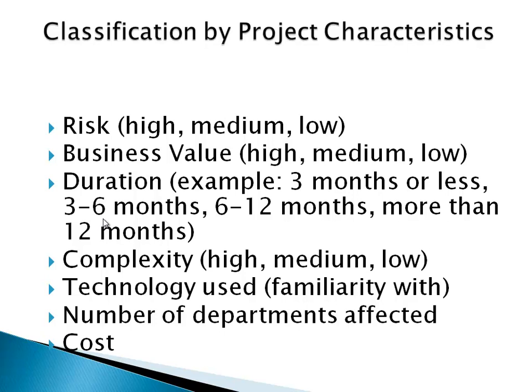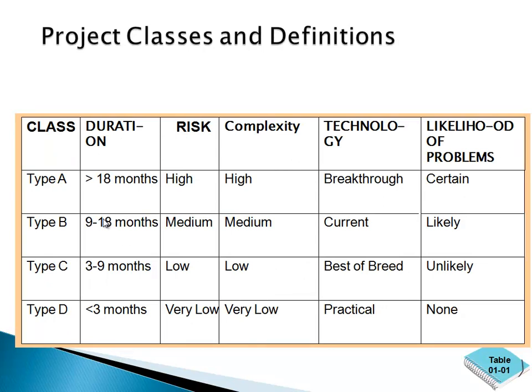Those groups depend on the risk, high risk, medium risk, low risk, the business value, the duration, the complexity of the project, the technology used, the number of departments affected, and the cost. And based on that, you can divide it into 4 groups: Type A, Type B, Type C, and Type D.